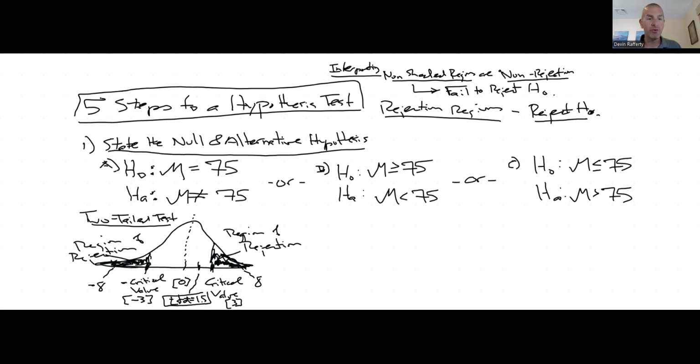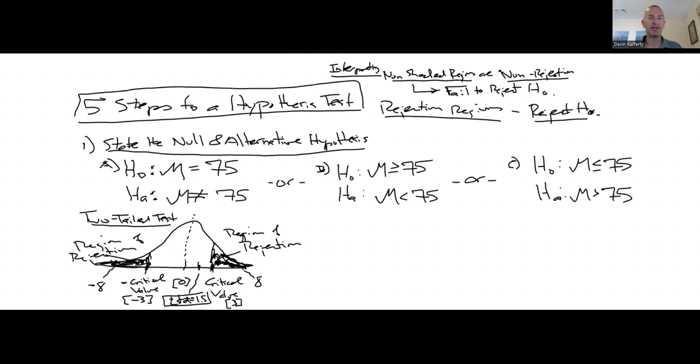If you're in the region of non-rejection, then you will fail to reject the null hypothesis. Which means you're saying, all right, it's reasonable to believe the null hypothesis. It's reasonable to believe my hunch or my suspicion.